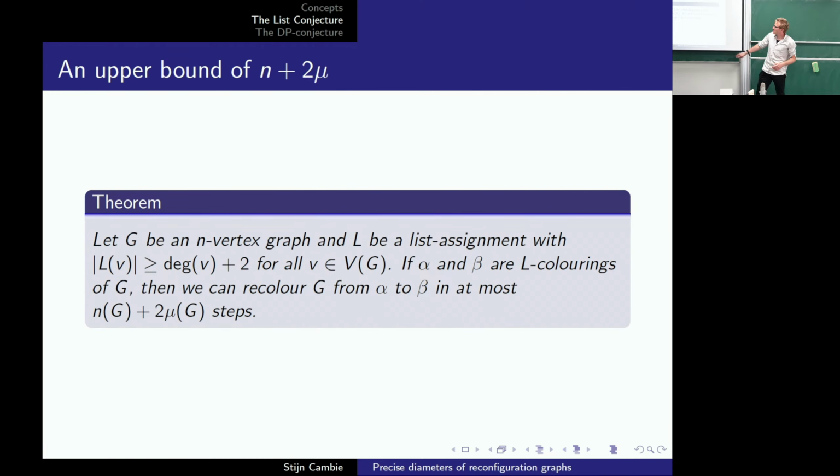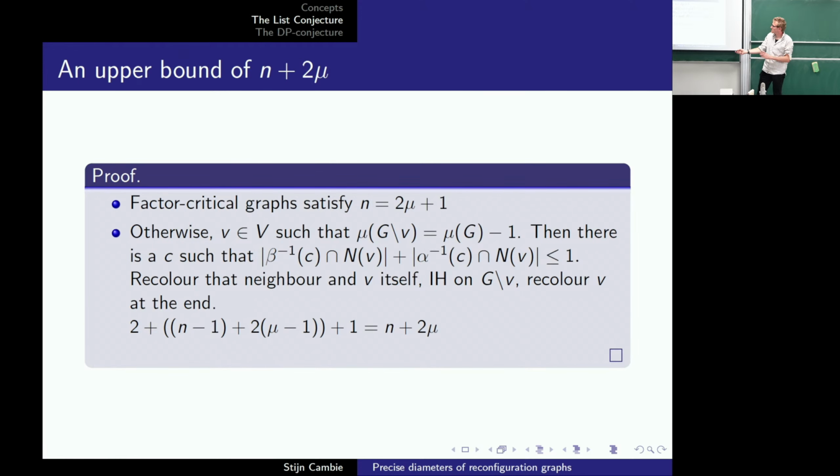And with this, we can prove our n plus 2 times mu bound, since basically we already proved it for factor critical graphs. Those are graphs such that if you remove a vertex, the matching number stays the same.